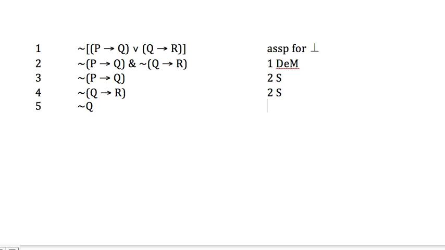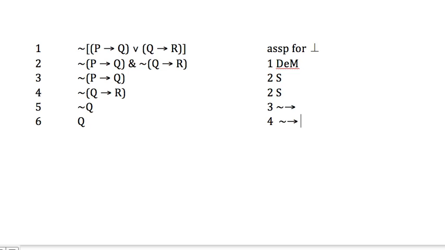This is one of these rules where we didn't force you into writing a conjunction. We allowed you to extract the parts that you need, just because that's what tends to be useful. So we've got not Q by, pardon me, forgot the line number here, 3 not arrow. 4 not arrow is going to get us Q. Okay, 4 not arrow gets us Q.